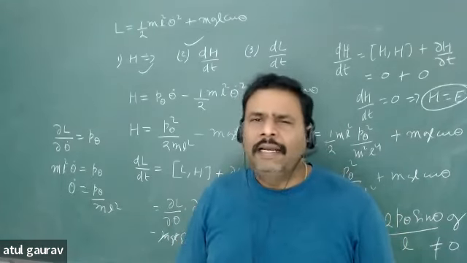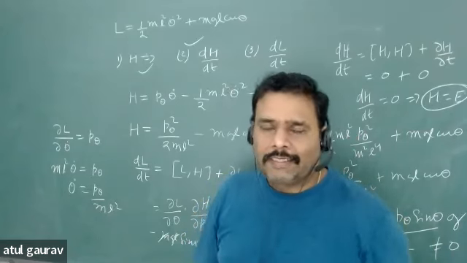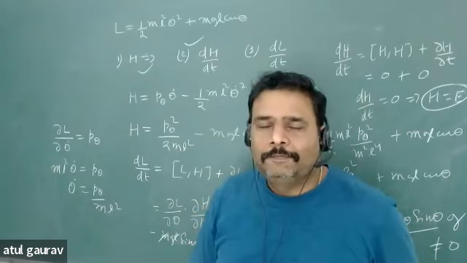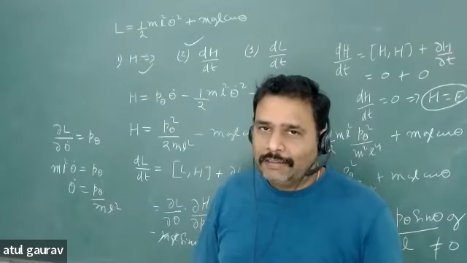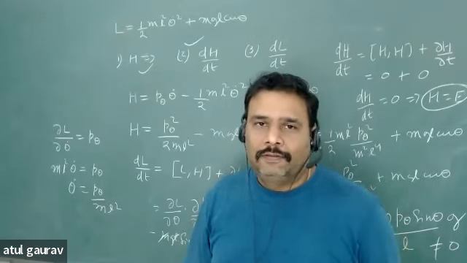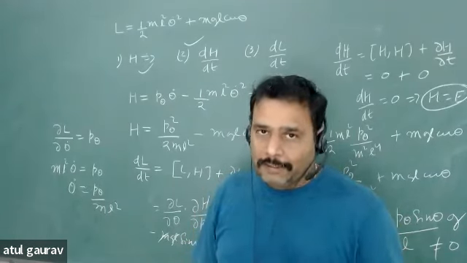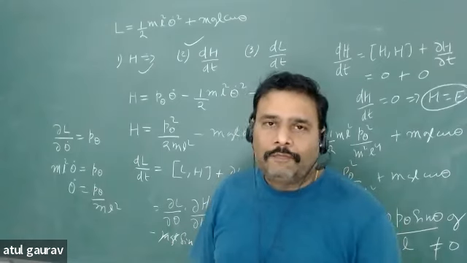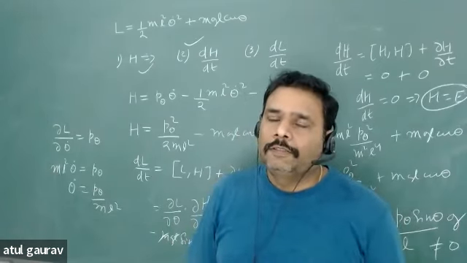Every year, at least one question will always be there, either from quantum mechanics or from classical mechanics, using this. So whenever the conservation word comes into the picture, think like that. And what is the most important thing? If you know the Hamiltonian of a system, you can easily talk about the conservation principle.